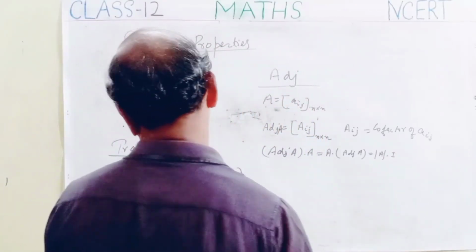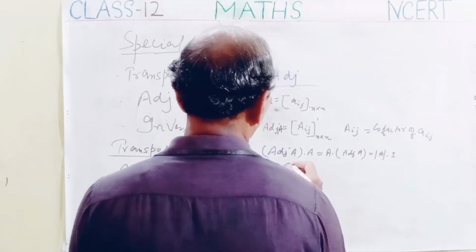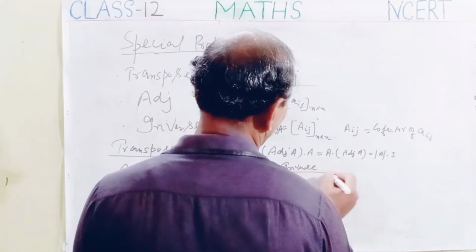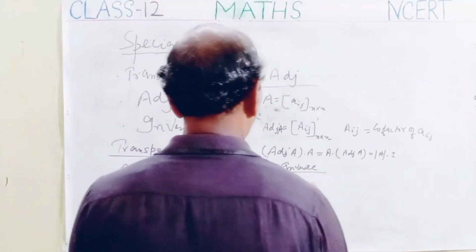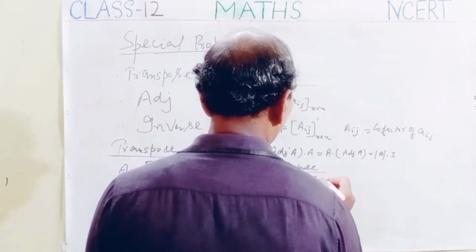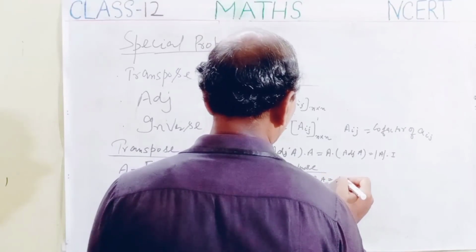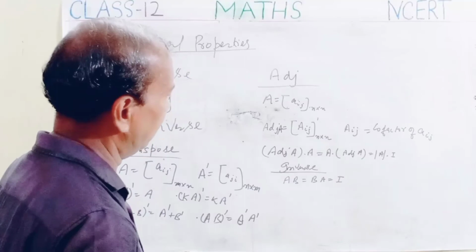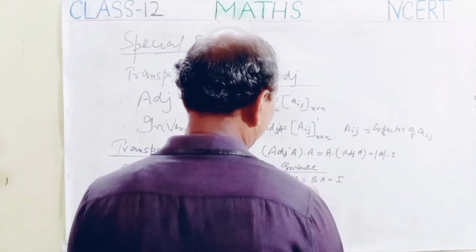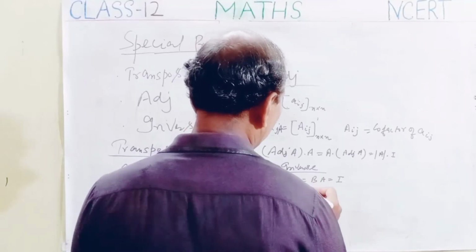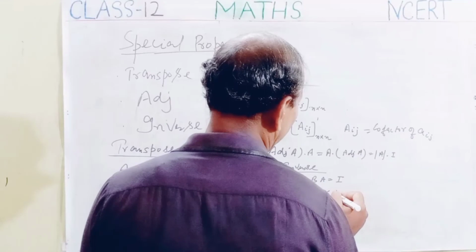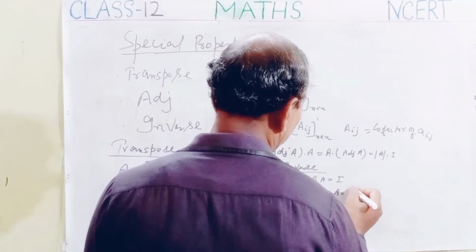Now come to the last one, that is the inverse. Two matrices are called inverses of each other if A into B is equal to B into A, and that is equal to I, the identity matrix. In that case, you can say that B is equal to A inverse, or A is equal to B inverse.